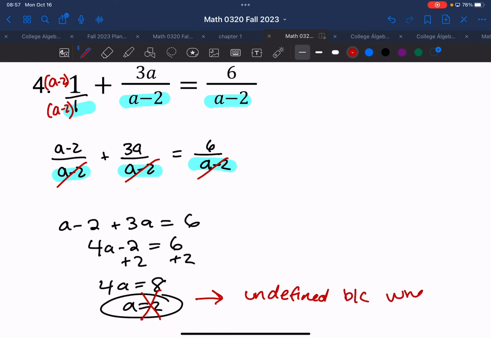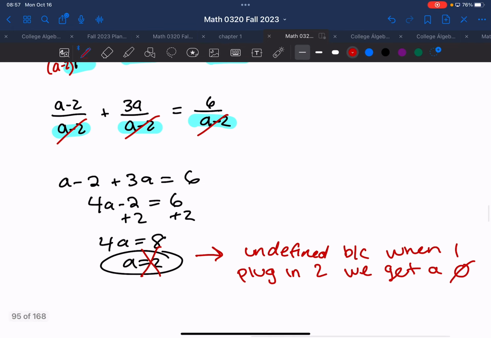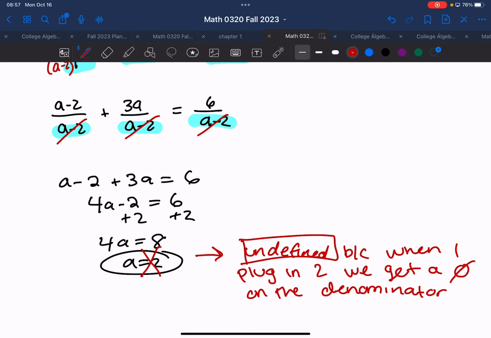Because when I plug in 2, we get a 0 on the denominator. So my answer is no longer that a equals 2, because based on the restriction of the denominator a minus 2, when I plug in that 2, I get 0, and that's not possible. So my answer is undefined.